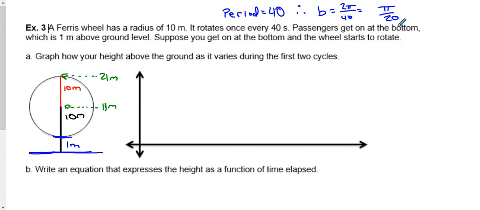And I can input that into an equation. I'm going to sketch out a picture here, and that's what it's asking you. Graph the height for the first 2 cycles, sure. So I'm going to draw a line here, and this line's going to help me figure out where 1 is, because that's basically our new bottom.